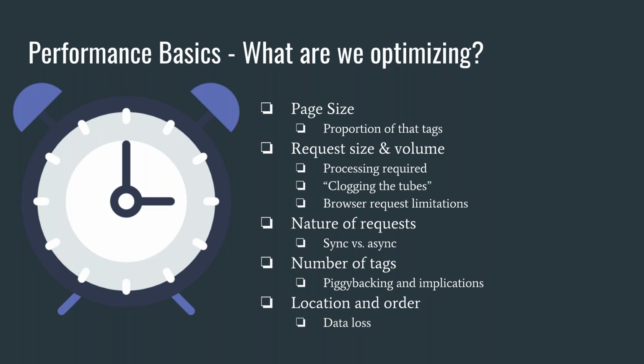Again, there is the processing required for the different requests, the clogging of the tubes that I had mentioned previously, with different requests clogging up that connection, and the limitations of the browser to only have 14 to 17 outstanding requests at one time.